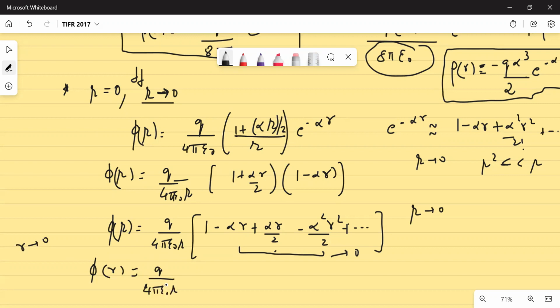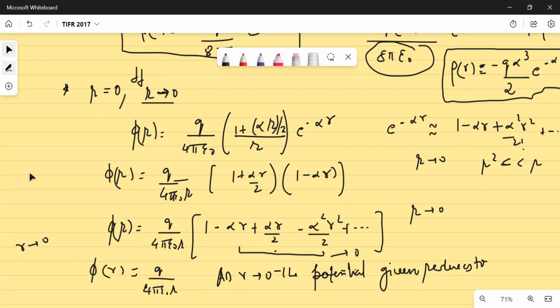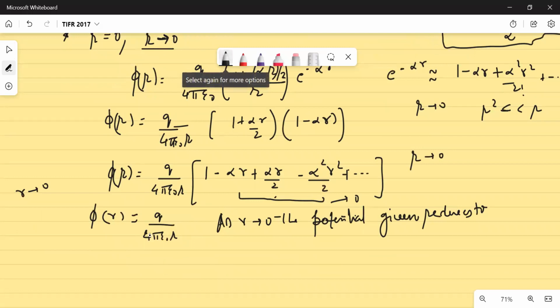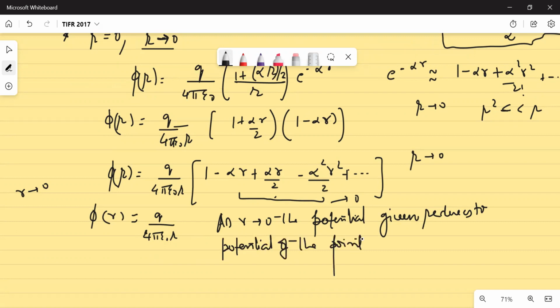So I can see that as r tends to 0, the potential given above reduces to the potential of the point source. If it reduces to the potential of the point source, it implies what?